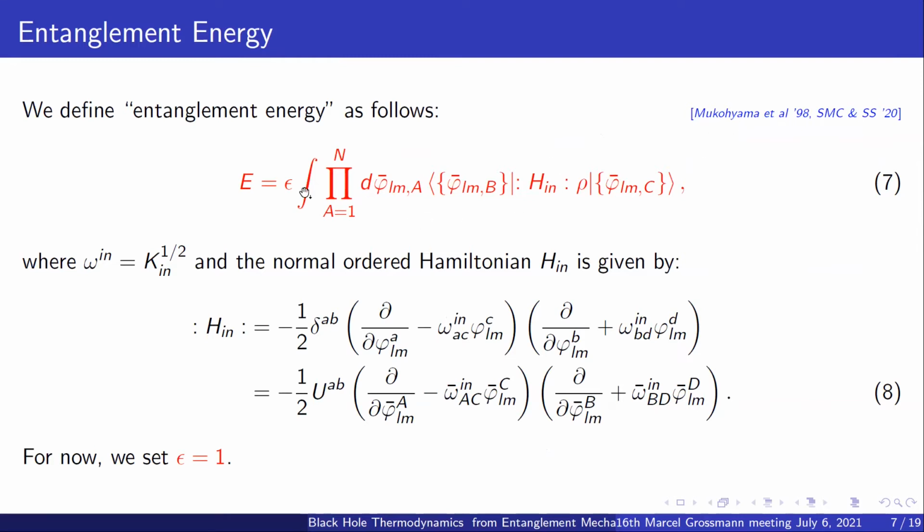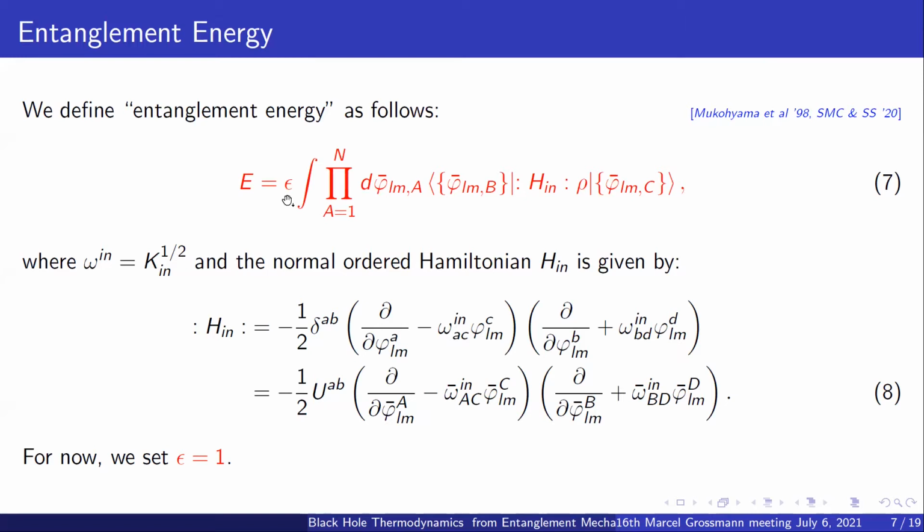So what we did over here is that we introduced a pre-factor epsilon in order to account for the fact that this definition is not unique, but these definitions will be proportional to each other. And this epsilon, even though we'll fix it to be 1 for now, later on we will be able to fix it depending on some physical condition that we impose.